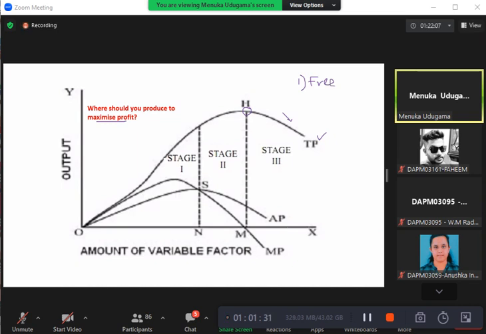If something is given free, an input, say fertilizer, X, and Y is the output. If X of fertilizer is given free, you don't have to worry about anything. The farmer or the producer can reach the maximum point of production.